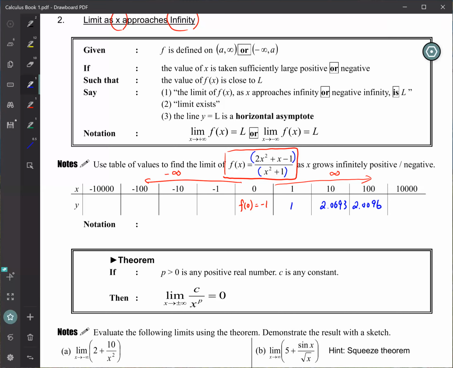Yep. 2.000996. Like that? Yeah. Okay. We still have 3 people. Please raise your hand if you finish the whole table.